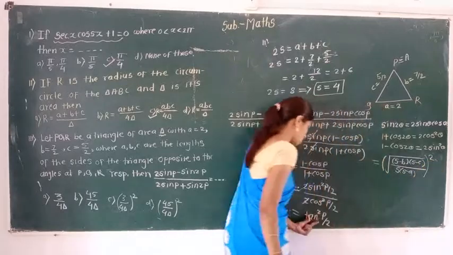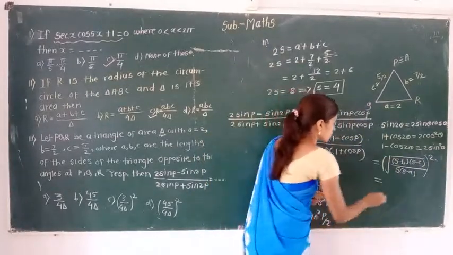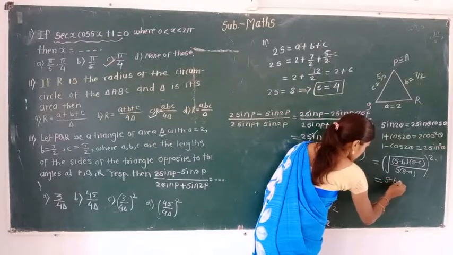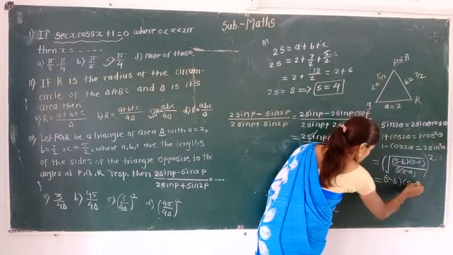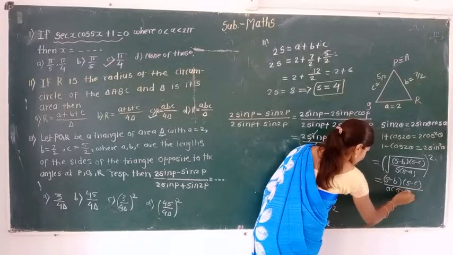Here it is tan square, so write down the bracket square. The square of this term is (S minus B) into (S minus C) divided by S (S minus A).